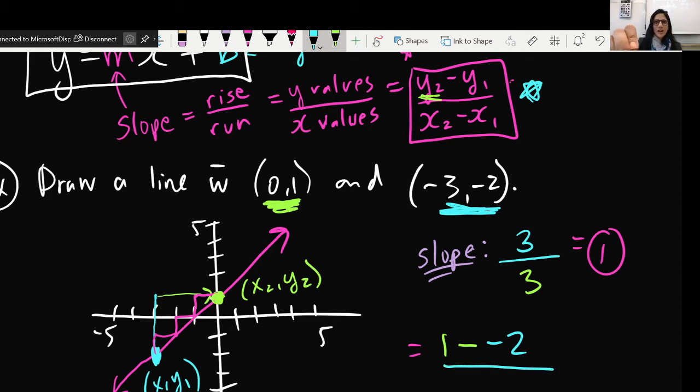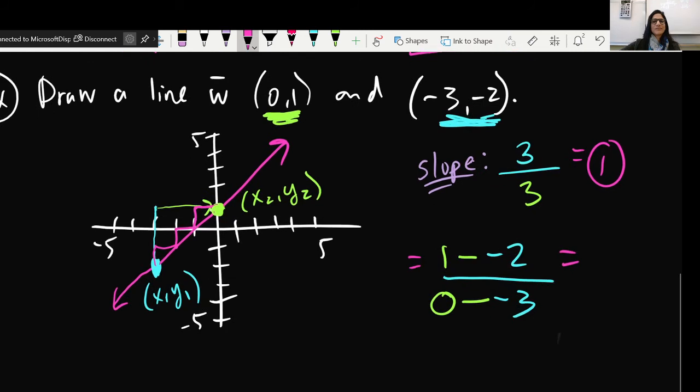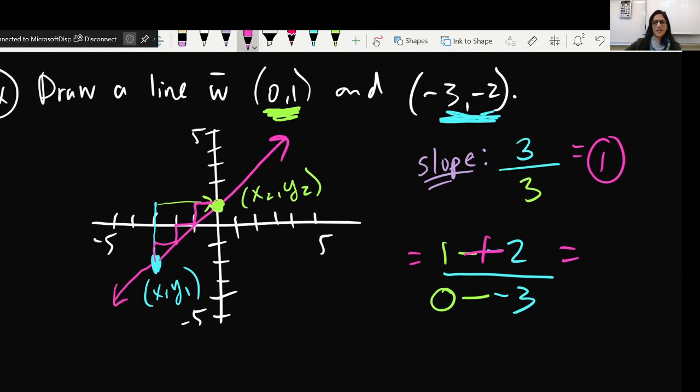Okay, over what is my x2 value from the green point? 0 minus what is my x1 value from the blue point? -3. When we go to do the work for this, what do I do if I have minus a negative? I actually add them. So top and bottom, I'm adding them. So do you see how we're getting 3 over 3, which is 1, which is the same thing as that?